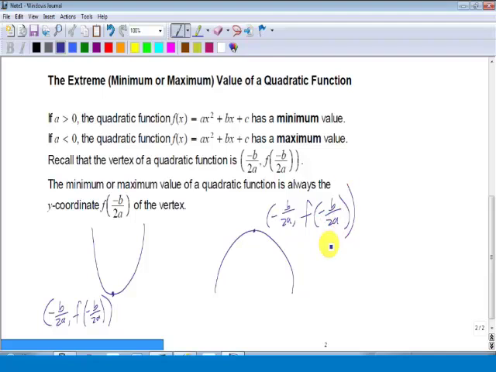If it opens upward, it has a lowest point, so f of negative b over 2a is the minimum. If it opens downward, it has a highest point, so f of negative b over 2a is the maximum value of that function.